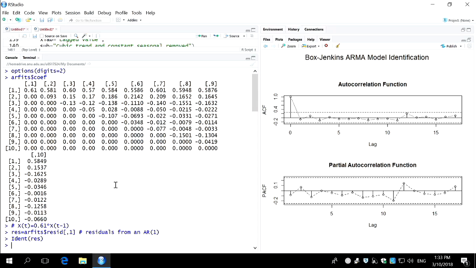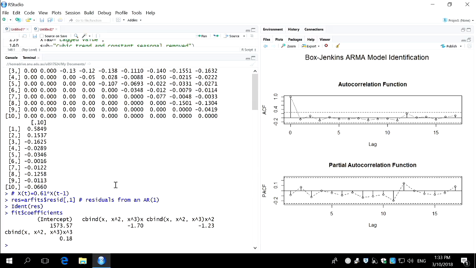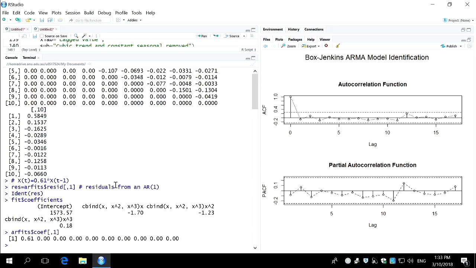All right, so what's our overall model? Okay, you look at fits$coef. That's the first bit. And then you look at ar.fits$coef first column, right? And now you can write down your entire model, and you have to do that. So let's write down our entire model.